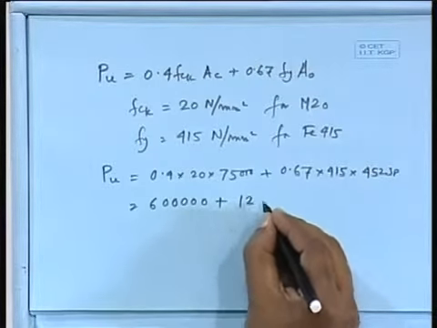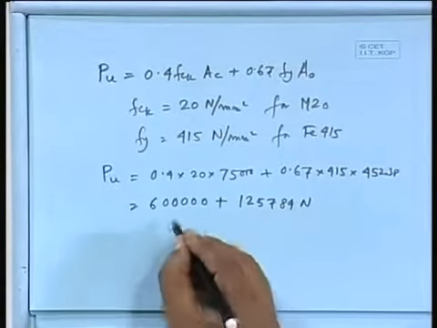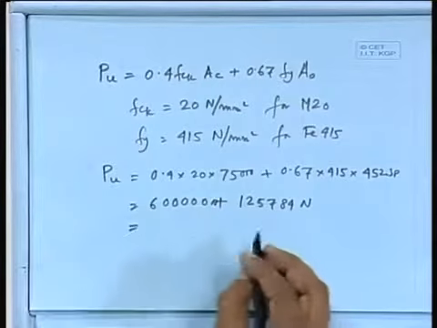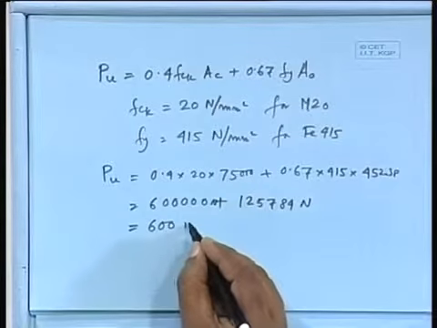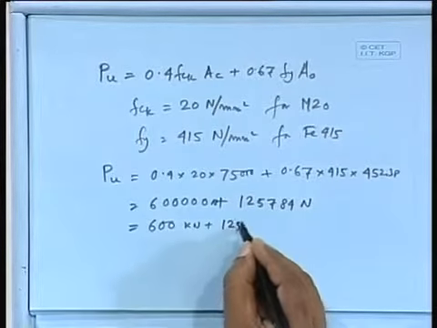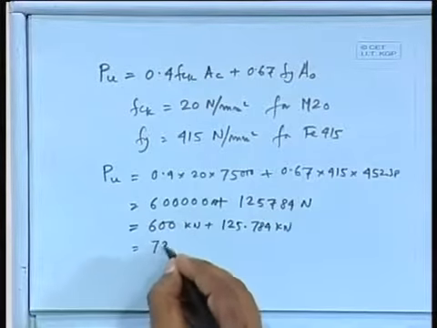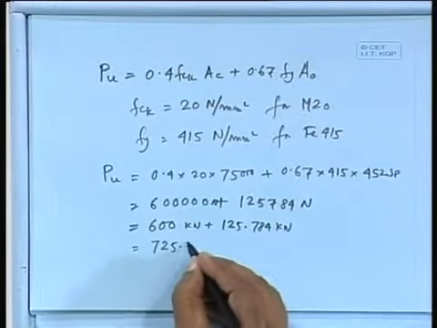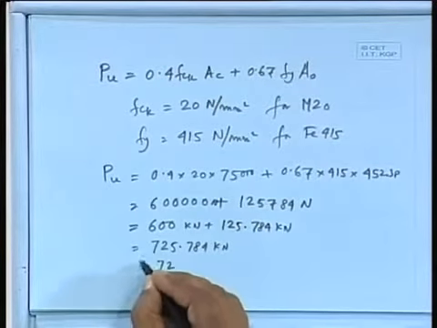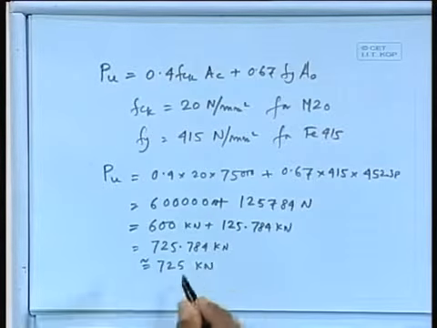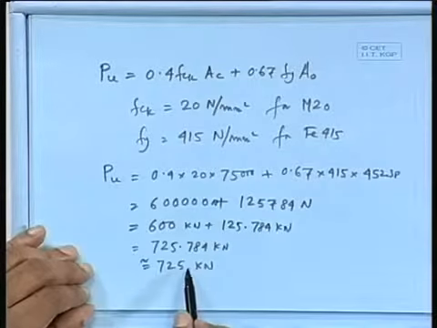We are getting here 125784, say, let us make it like this, Newton. So we can find out here, let us say 725 kilonewton. That means the Pu maximum allowable is 725 kilonewton.